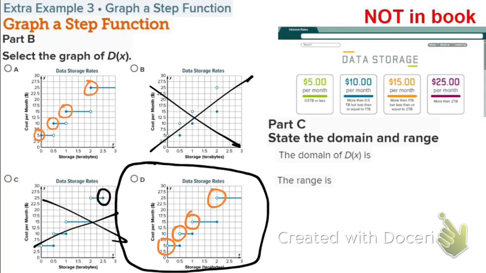What would my domain be? Domain is talking about storage, because that's my X. Amount of storage. What kinds of amounts of storage make sense? What are possible amounts that people might choose to purchase?